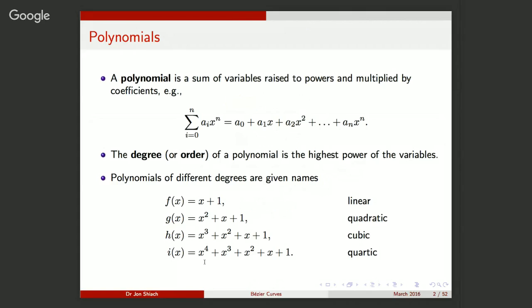And you should be familiar with these. We have linear polynomials, quadratic polynomials, where the highest power of x is 2, cubic, where the highest power of x is 3, and quartic, 4, quintic 5, septic 6, etc., etc.